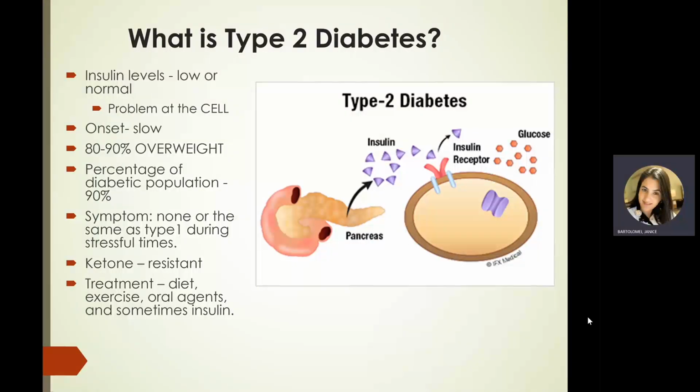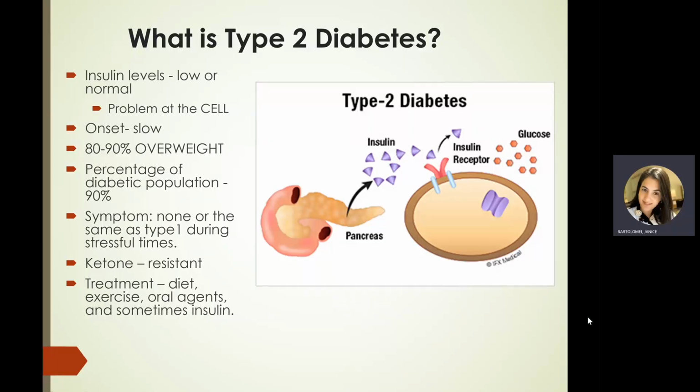Now, with type 2, the pancreas might be producing some insulin. However, it might not be a sufficient amount. Or perhaps it is producing some insulin, but the problem is at the cell level, where the cell has an issue at the receptor accepting the key that allows the glucose to go in.